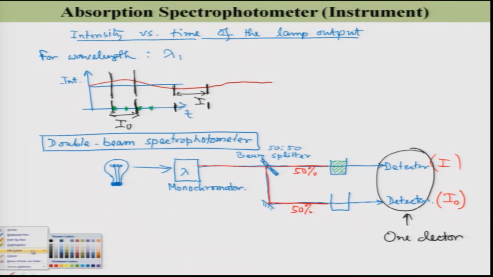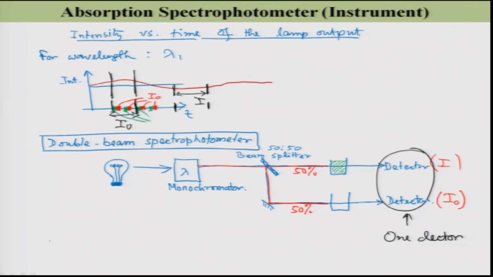So, for example, you are going to measure I0 at this position, another I0 at this position, another time I0 here, again I0 over here, and something like that. These all are I0, and these all are I, right.